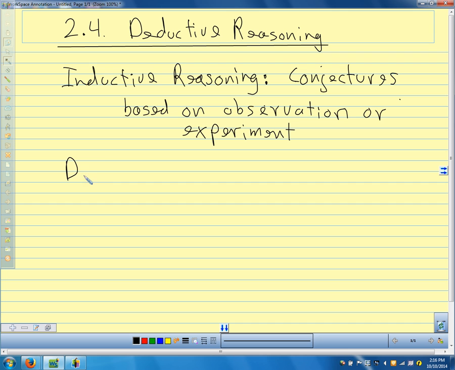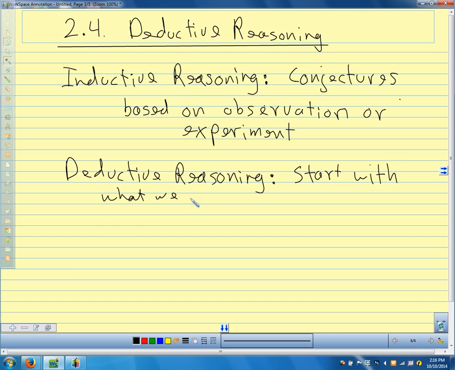That is different from deductive reasoning. Deductive reasoning means that we start with what we know is true, and then we figure out what else has to be true.